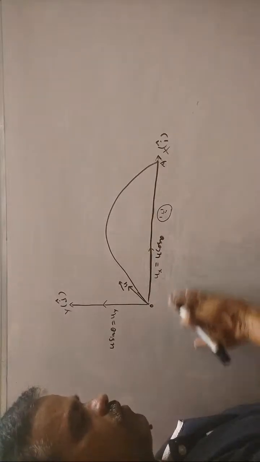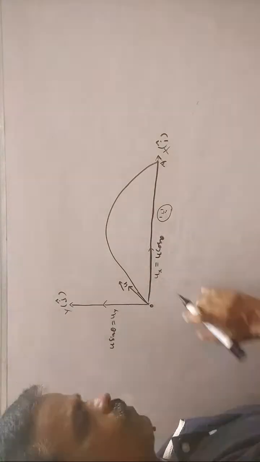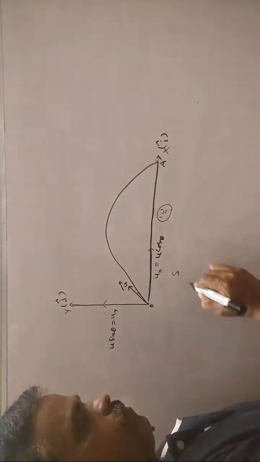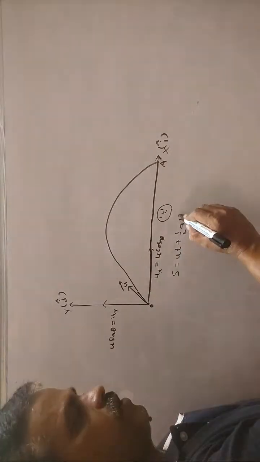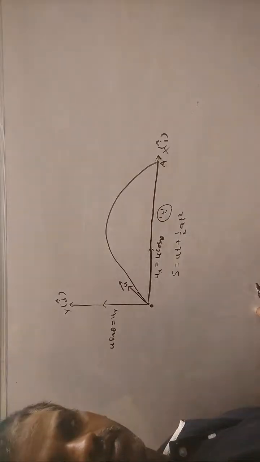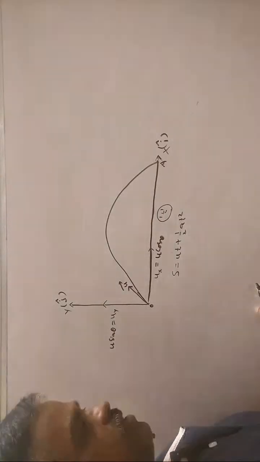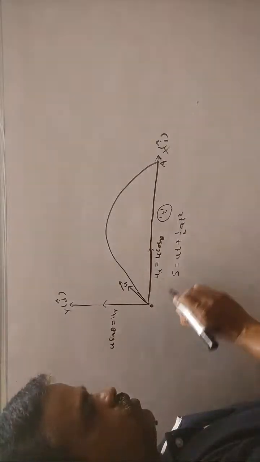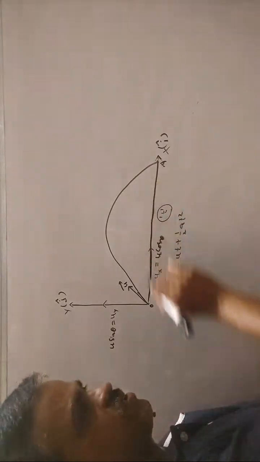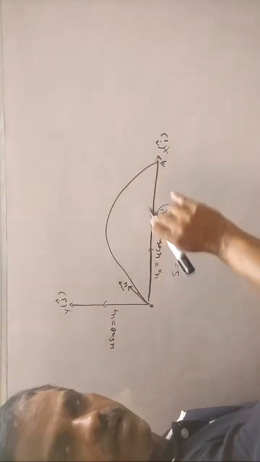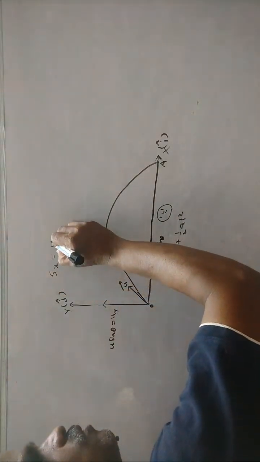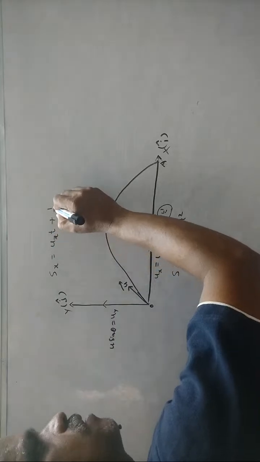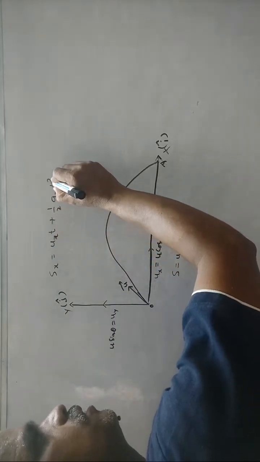So we have the formula: S equal to ut plus half at square. So for the displacement along the x-axis, we can write Sx equal to ux into t plus half into ax into t square.